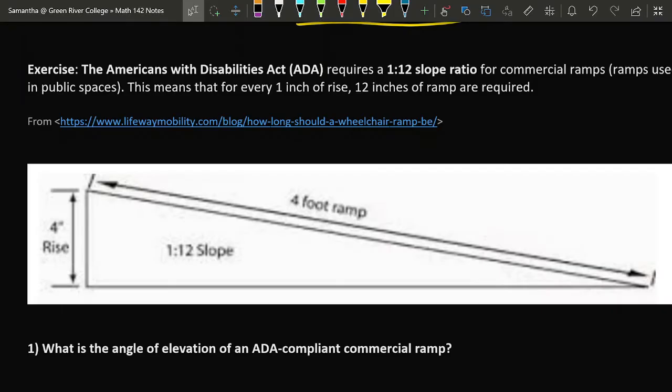So for a more concrete example. In the United States, there are laws that dictate the shape of wheelchair ramps to make sure that the ramps are not too steep.